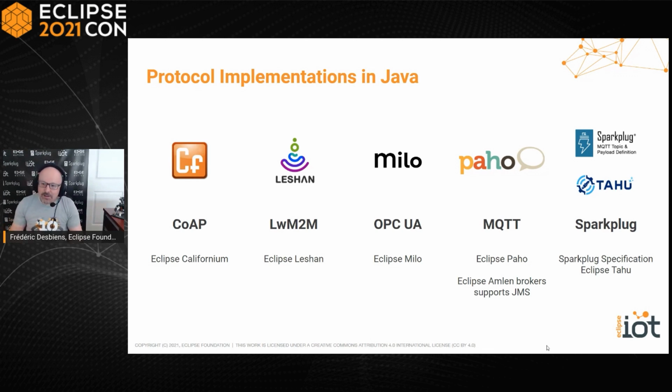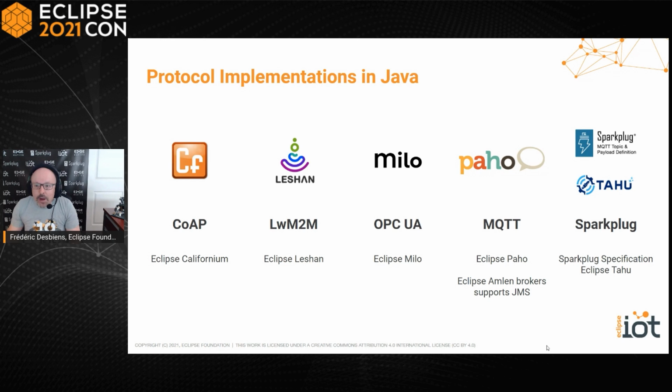And then the Eclipse Mosquitto broker, or I should say, in the case of Amlin, it's got support for some Java technologies. And then there's the emerging Sparkplug protocol. By itself, it's an open source specification at the Eclipse Foundation, like the Jakarta ones. But at the same time, the Eclipse Tahu implementation has got a Java implementation.